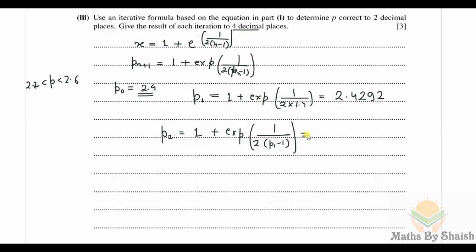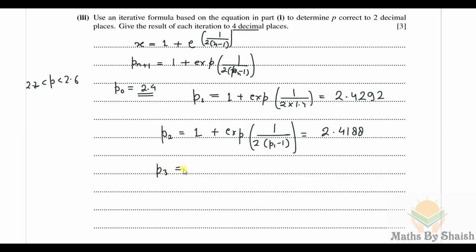So it is going to be 2.4141883, so it is 8, and hence it is p3.